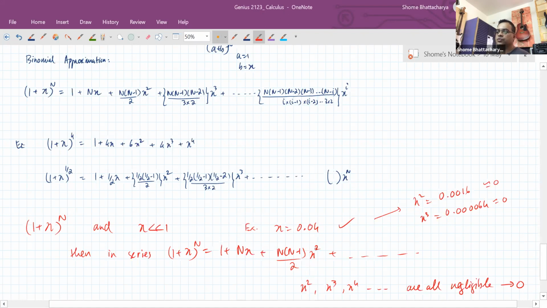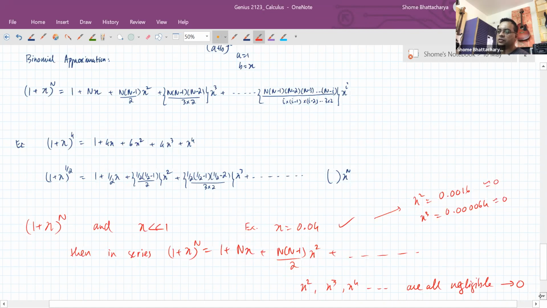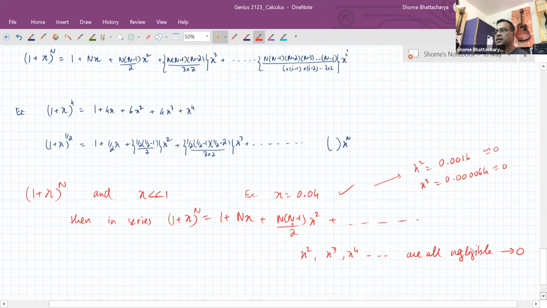This will be negligible compared to this nx term. Yes, sir. So even if n is large, like let's say n is 10³, but x is small enough, then this third term will be negligible compared to the second term at least. Yes, sir. So what we can do then is neglect the higher terms.